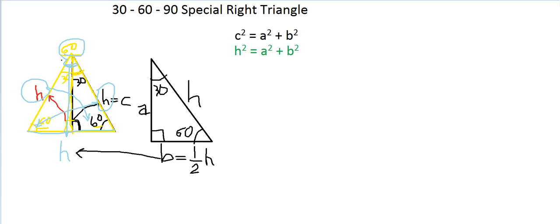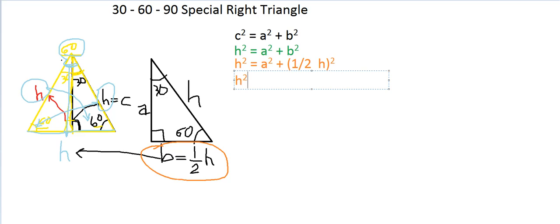And from here, we have the value of our B. So instead of writing B squared there, we will have the value of B. So this is H squared is equal to A squared plus the square of our B, which is 1/2 of H. So from this, we will simplify the equation.